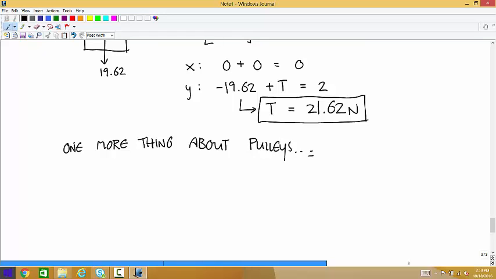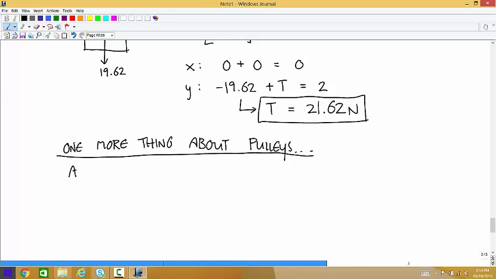I only bring this up because I remember when I took my first physics class, this was confusing for me because I had always heard about pulley advantage, the ability of pulleys to reduce the amount of force that you have to apply to things. And then what we see when we do the physics of a pulley is all a pulley does is change the direction of the force that the cable applies to things. All it does is change the direction.